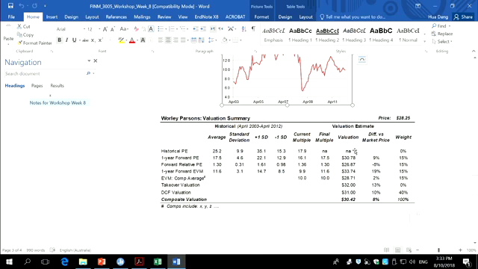So with a composite valuation together with scenario analysis, you're going to give much richer information to your investors about the risk of the company and the underlying drivers of value of the company. That's how you're going to support your investment recommendation.